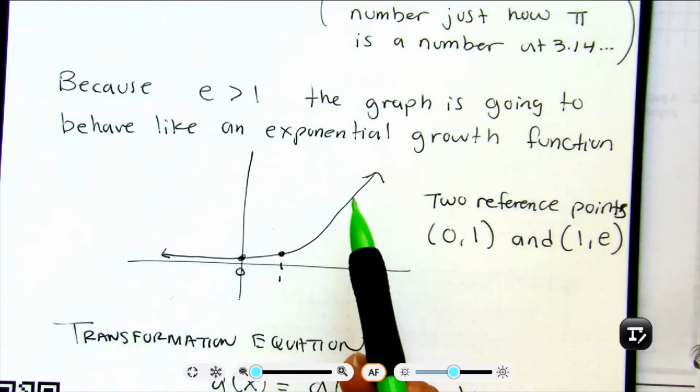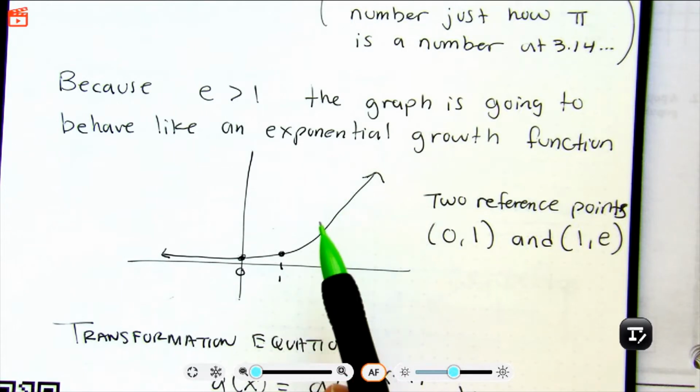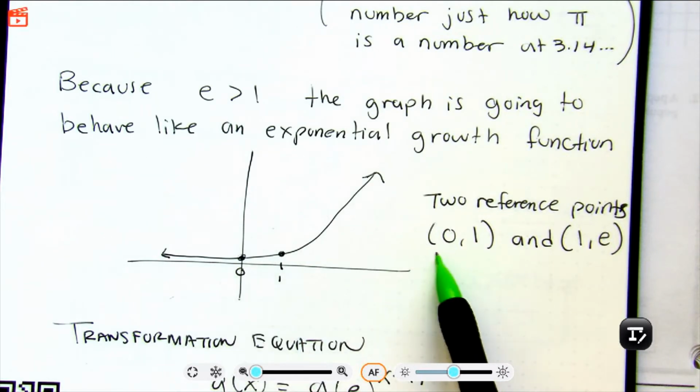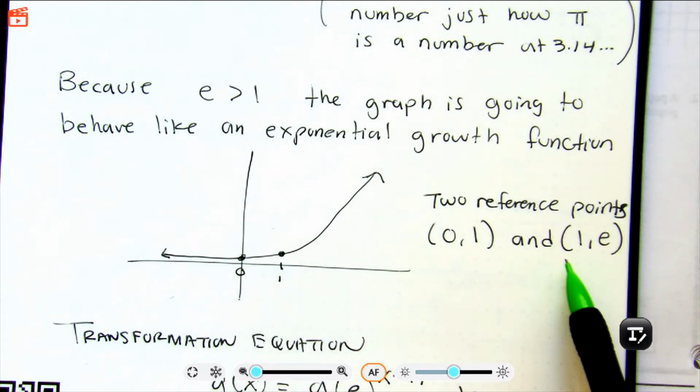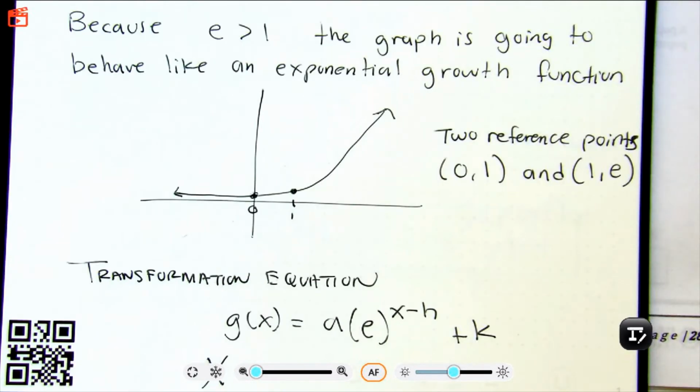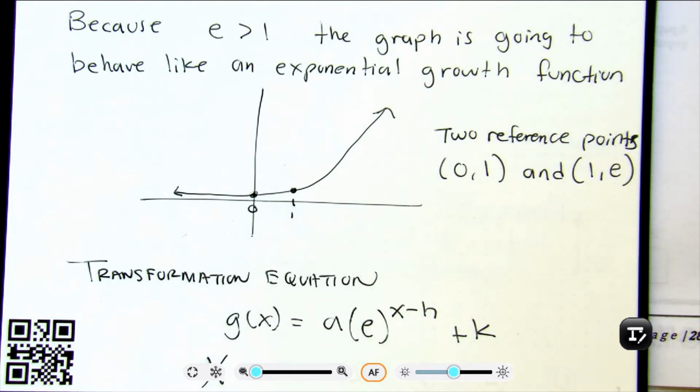Then we are going to look at two reference points. The first one is (0, 1), that's the y-intercept. And the second one is (1, e). Then our transformation equation, so that it looks like the other ones, would be g of x equals a times e to the x minus h, plus k.